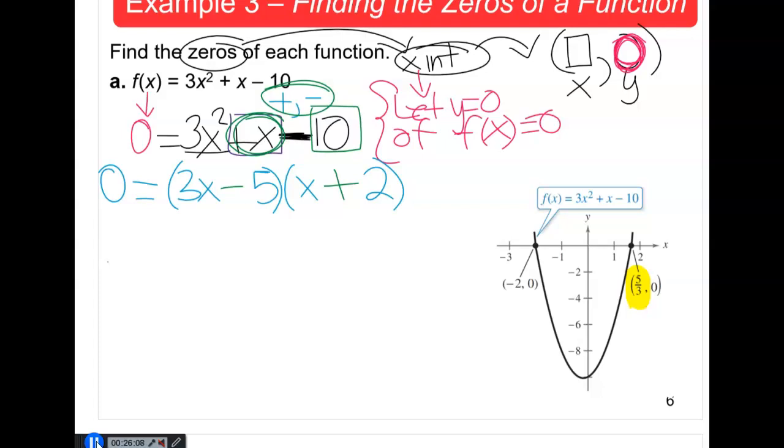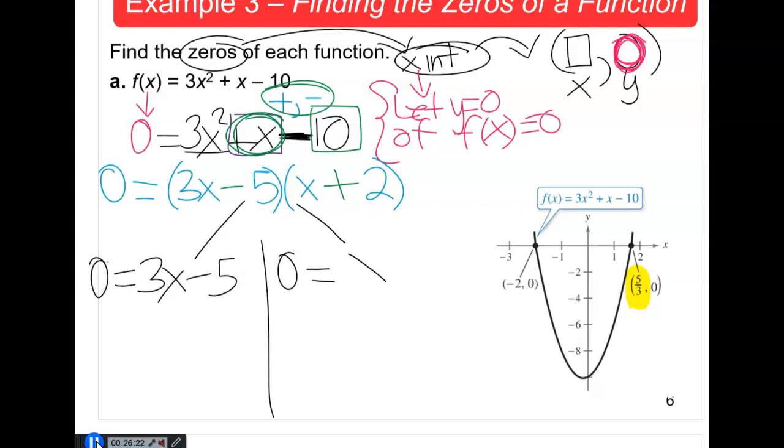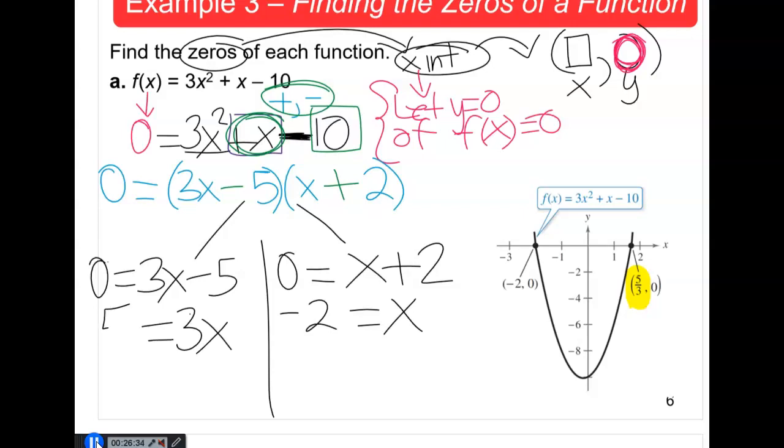So once you have your two factors, by the zero factor property, we take each factor and set it equal to 0, and then we solve the equations one at a time. So in this case, we will have x is equal to negative 2. And for the other one, we're going to have 3x is equal to positive 5.